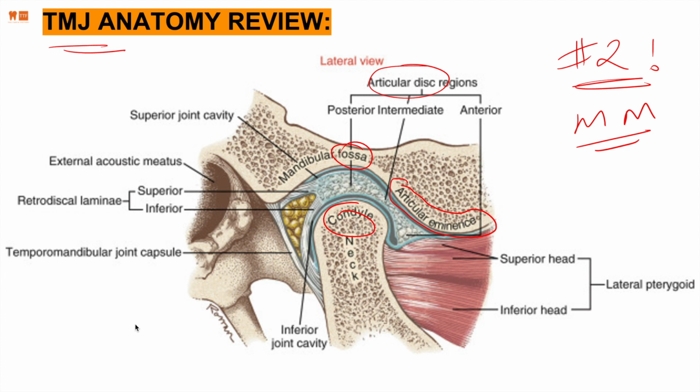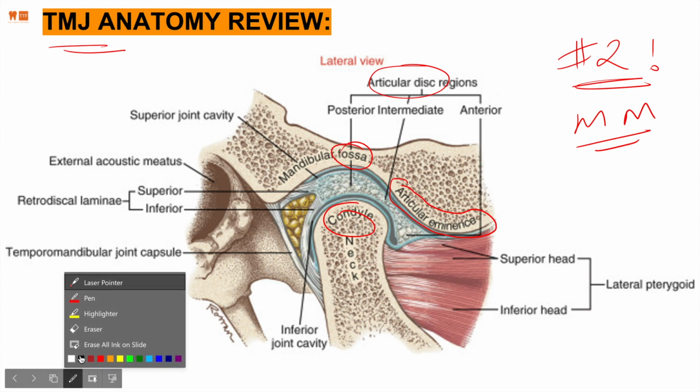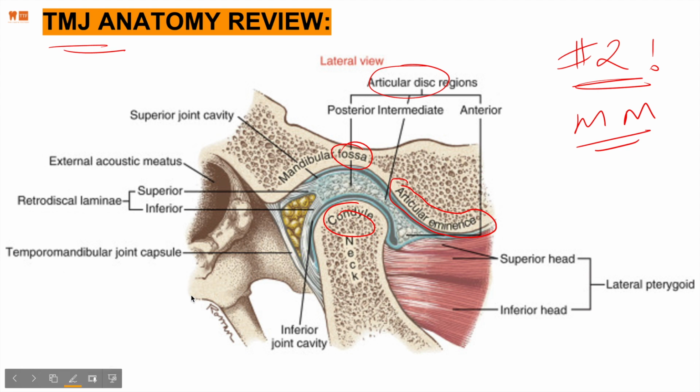But what's really important is to understand centric relation. And that's where this area comes into play. The thinnest avascular portion of the articular disc that is at the slope of the articular eminence where the condyle touches when it rotates.